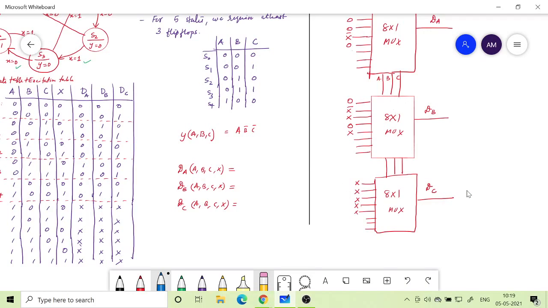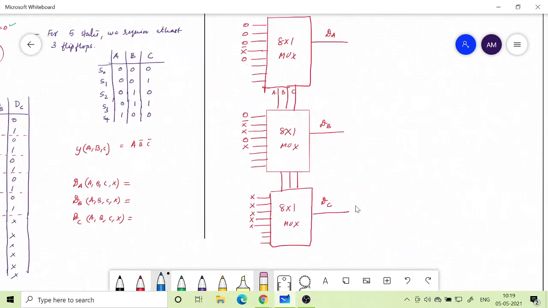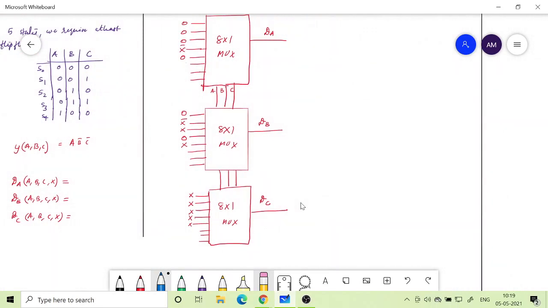Okay, so that's all my combinational part, and now comes the sequential part, or the storage element. So let me put it here. 3 flip-flops. So 3 D flip-flops we are using.